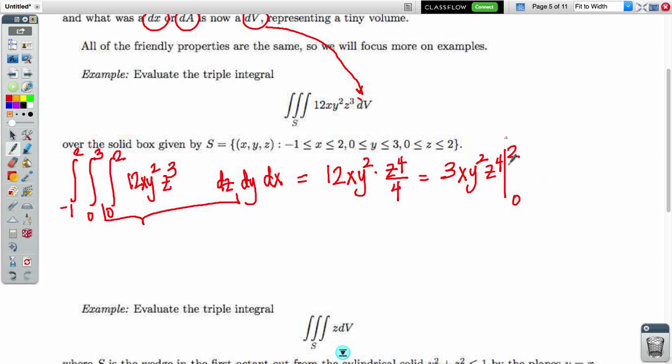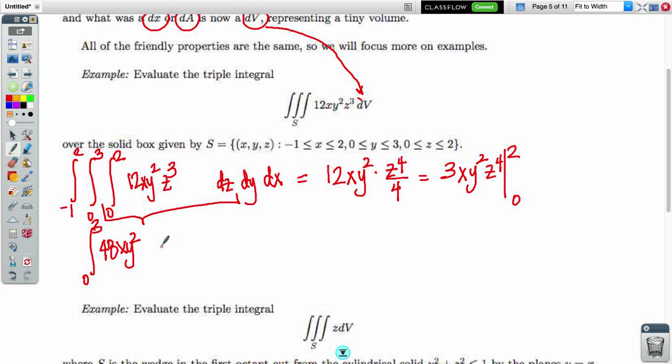The 0 is just going to knock out this entire expression, so really the only interesting thing that happens is when we plug in a 2, and that becomes 2 to the 4th, so 16. 16 times 3 is 48. So this becomes 48xy squared.